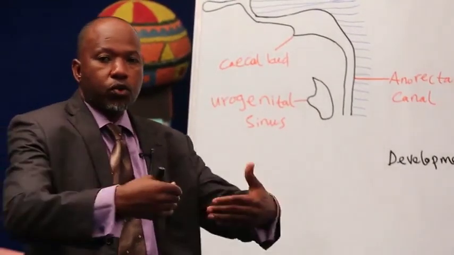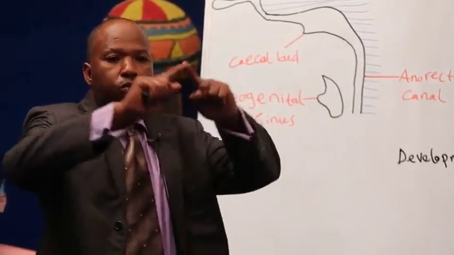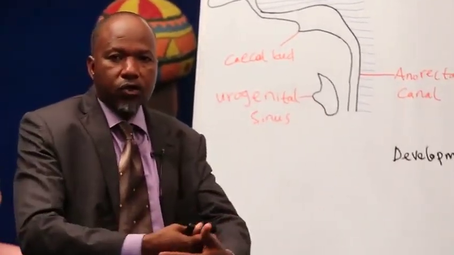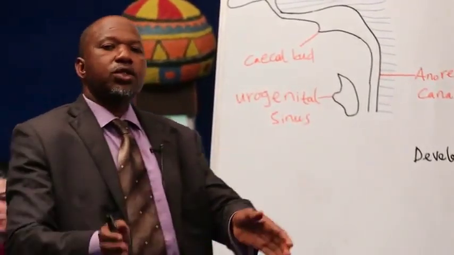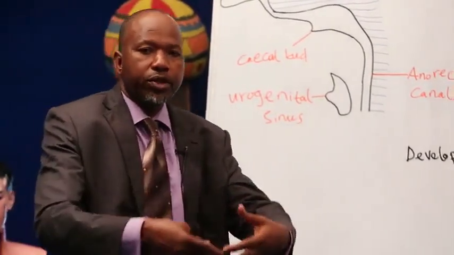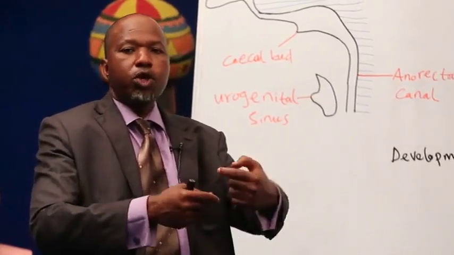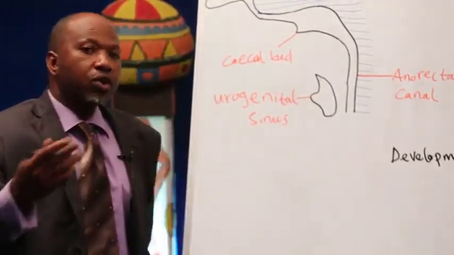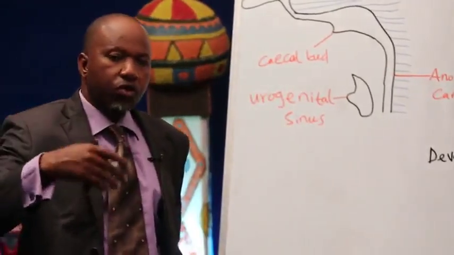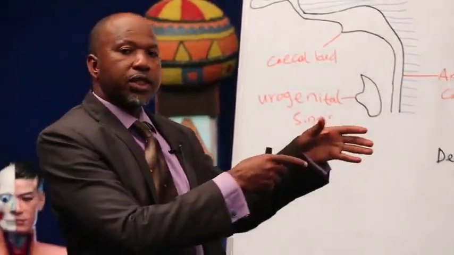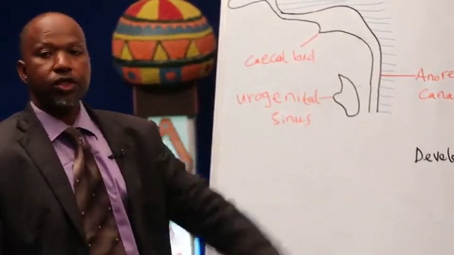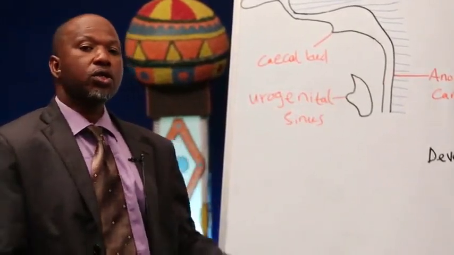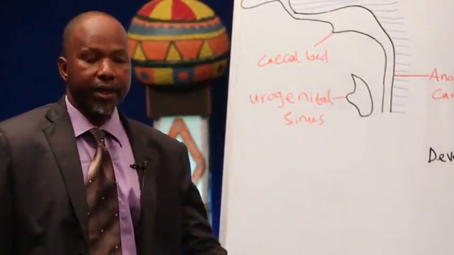Now, when it folds, the ectoderm will continue to be on the outside to form the future skin, and the mesoderm will be in the middle, and the endoderm will be on the inside. It is the endoderm that eventually forms the respiratory tract as well as the gastrointestinal tract and the urinary bladder.